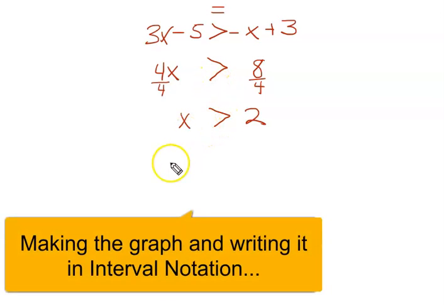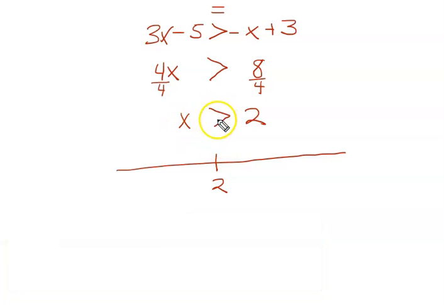Now, they're asking us a couple of things here. If we were to graph that, the number we'd be interested in would be the 2. And then what sign would we put on the number line? Well, for just an inequality sign, we're going to use a parenthesis. And since its x is greater than 2, the parenthesis will face to the right.